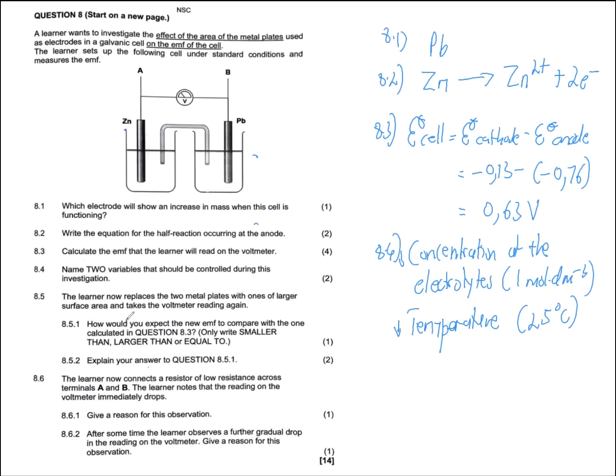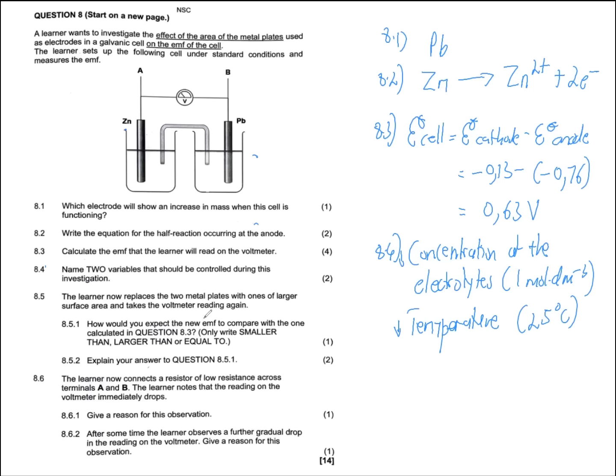Okay, then let's move. Now in 8.5, the learner replaces the 2 metal plates with one of larger surface area and takes the voltmeter reading again. How would you expect the new EMF to compare with the one calculated in question 8.3?